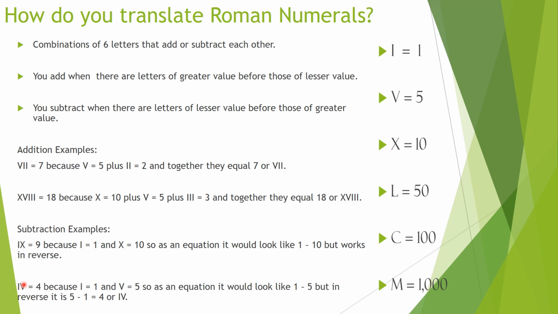And the same is for 4. I equals 1, V equals 5. As an equation, it would be 1 minus 5, but when you put it in reverse, it's actually 5 minus 1 to equal 4.